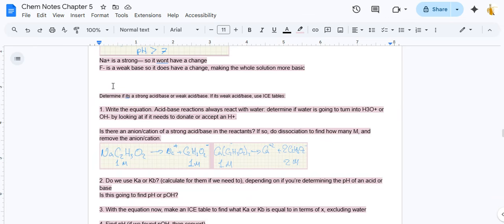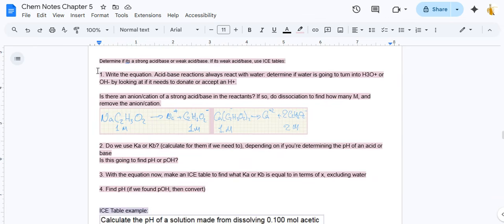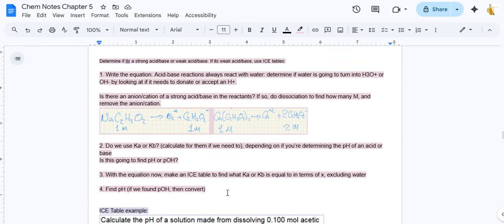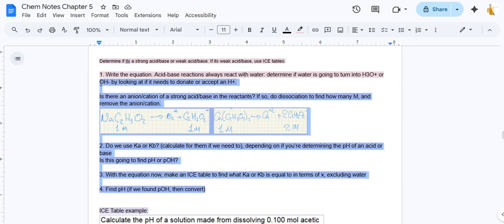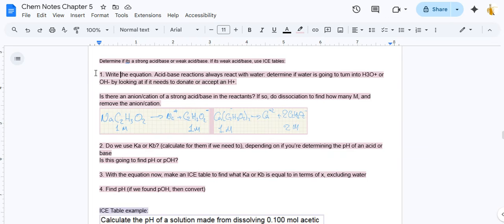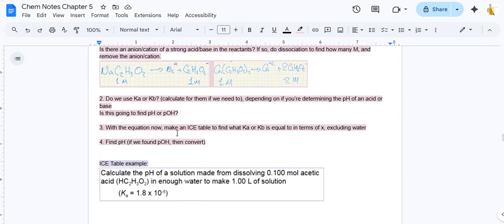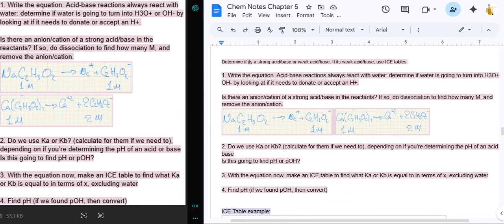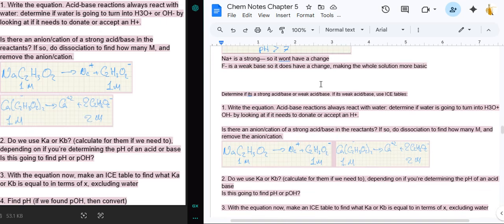And right here, I put 4 steps you should take when you do ice tables. And I'll do these steps with you or explain them while doing the ice tables. Okay, split screen, so the steps are on the left and I'm going to do the calculations on the right here.